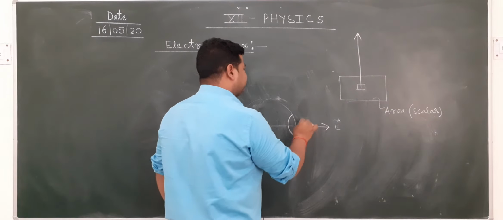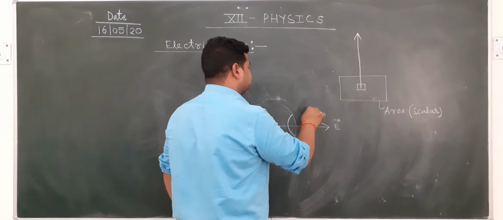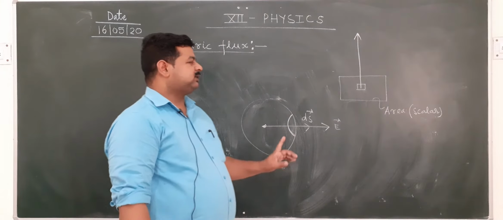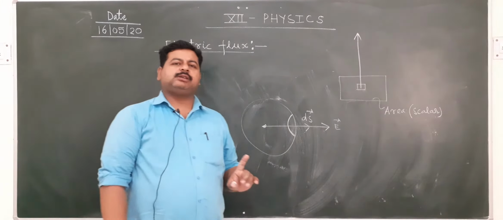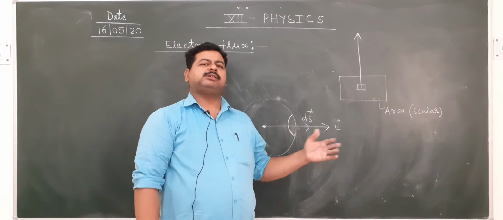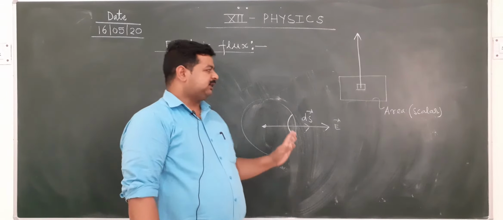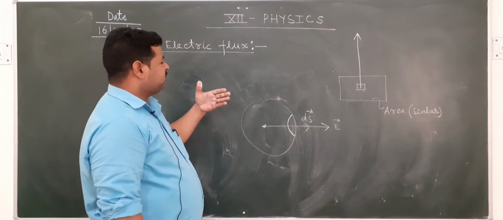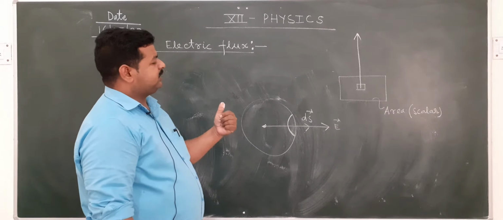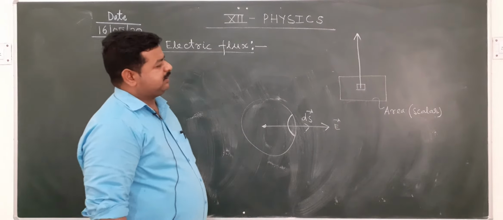So here we write this as ds vector. Clear? So what is the area vector? The normal drawn outward on any surface is known as the area vector. It may be outward or inward, like a normal drawn on this board inward or outward. This is known as the area vector.